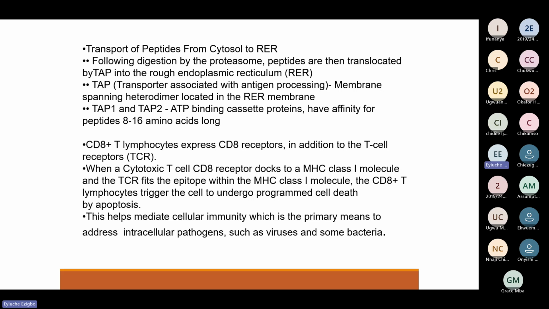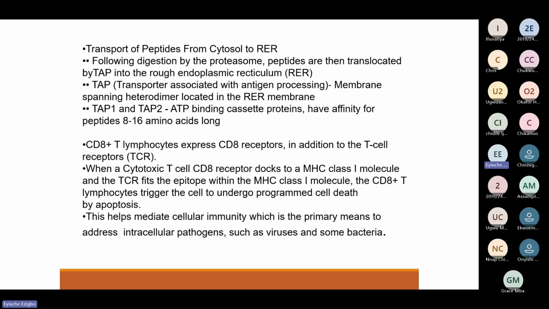So once the endogenous antigens have been processed and presented on the MHC class 1 molecule of the cell, the CD8 cells, which are cytotoxic T lymphocytes, are able to attach to these antigens being presented by the MHC class 1 molecules.